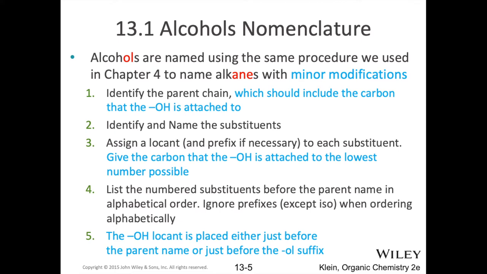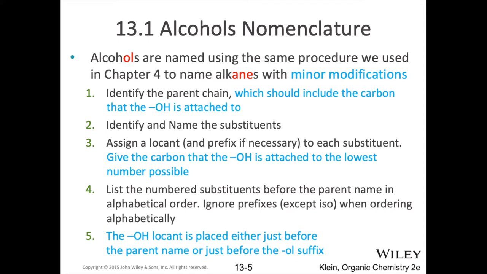Regarding nomenclature, again, this is pretty straightforward compared to most of the other rules we've already seen. In the case of alcohols, we're going to have the -ol suffix that you see from that name. All of your alcohols will just have that -ol ending to let you know that that's the primary functional group.